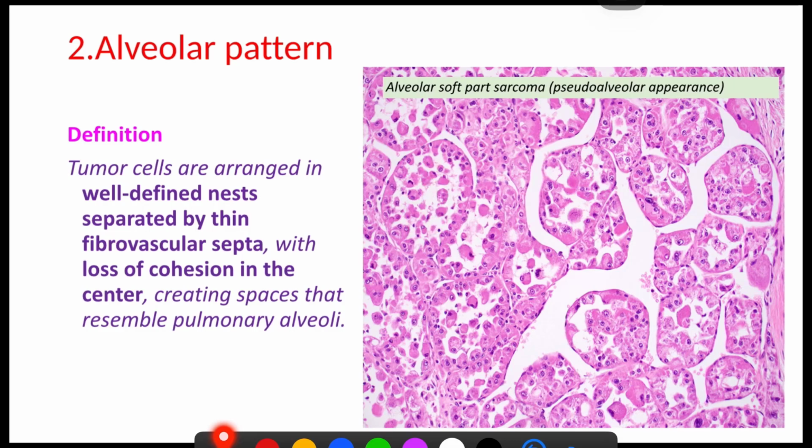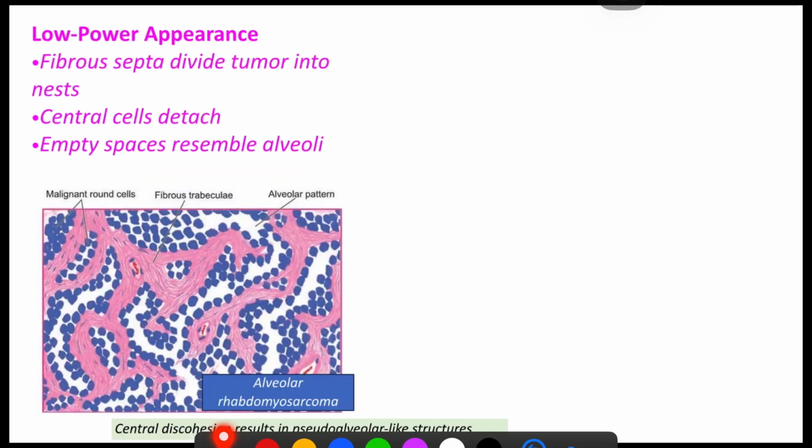But here in this tumor, you can identify peripherally bound tumor cells and a central space in which you can identify the discohesion of the cells. So, fibrous septa divide the tumor into nests but centrally detached cells create empty space resembling alveoli.